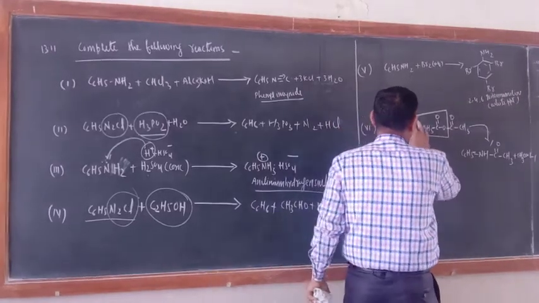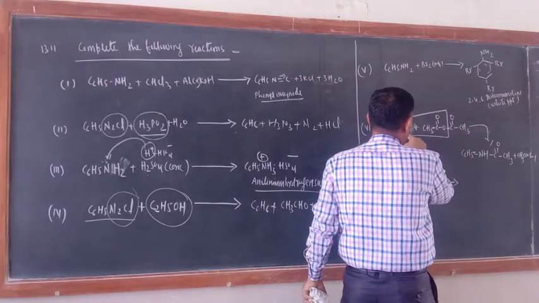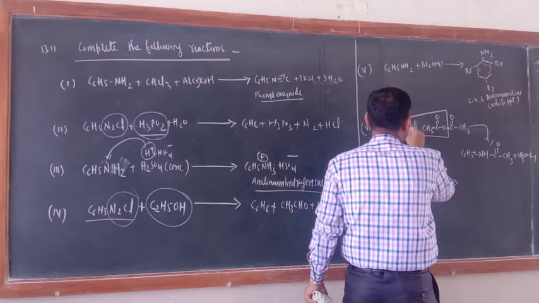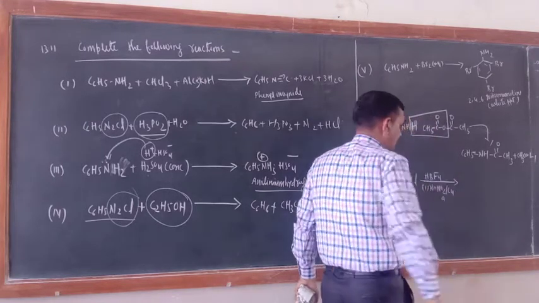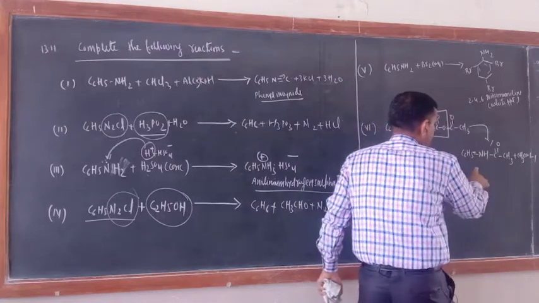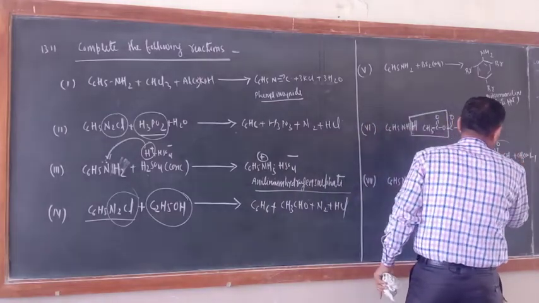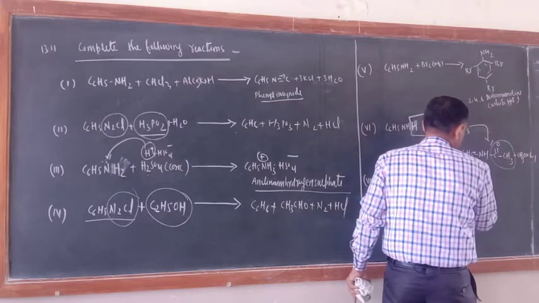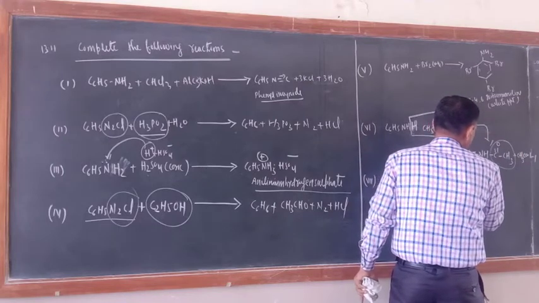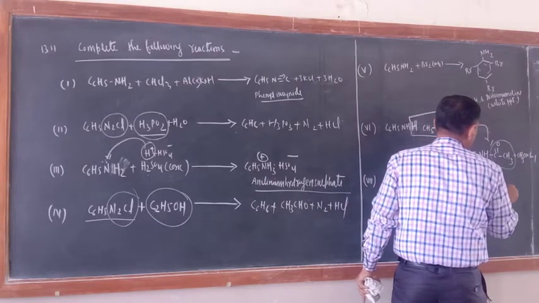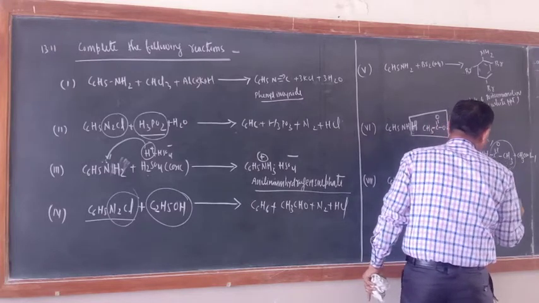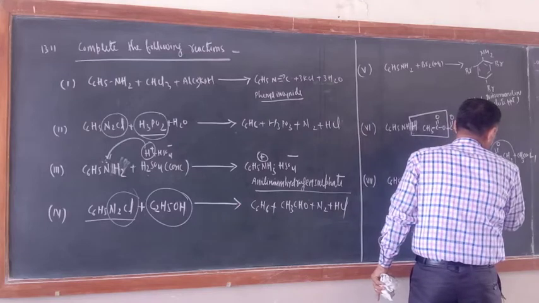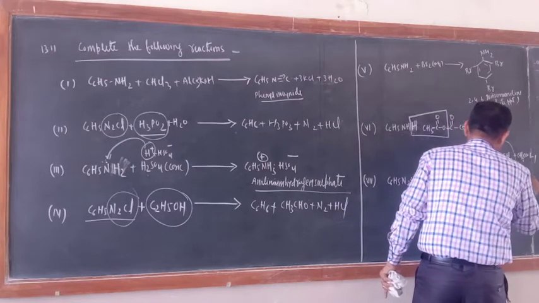Have you got this one? Meaning what I did? C6H5NH2, so I wrote C6H5NH, and NH and H. Okay, now what is the name of this one? With N, this group is attached. What is the name of this one? N-acetyl aniline.